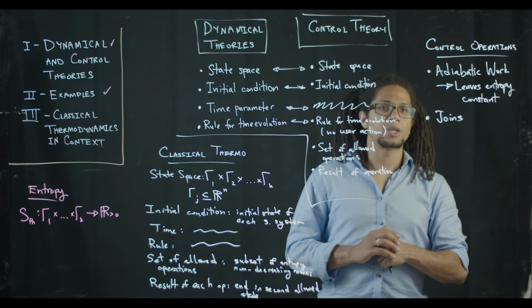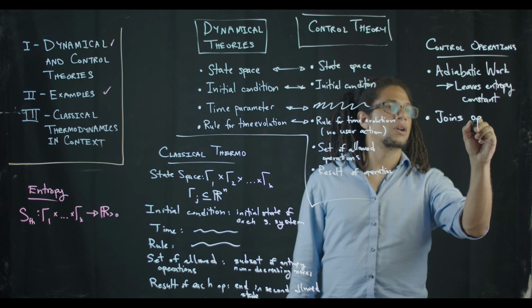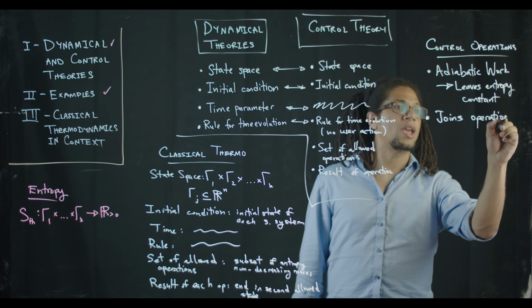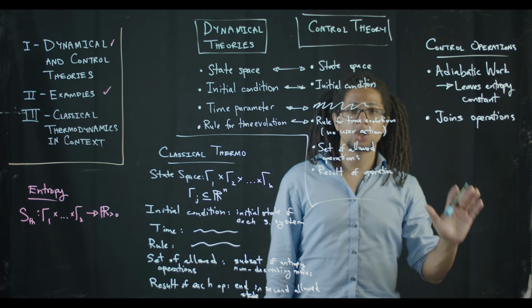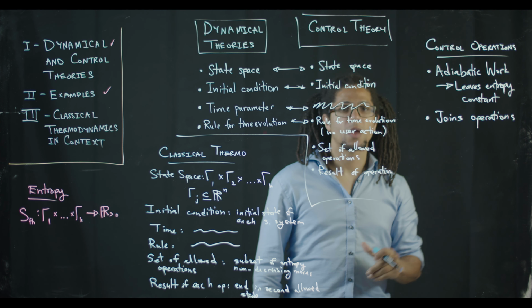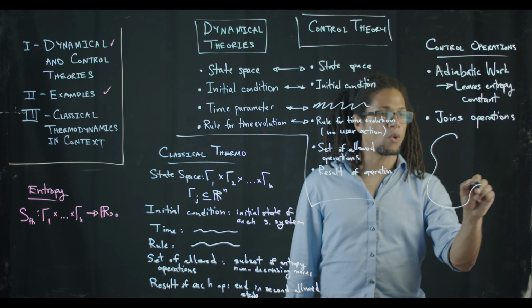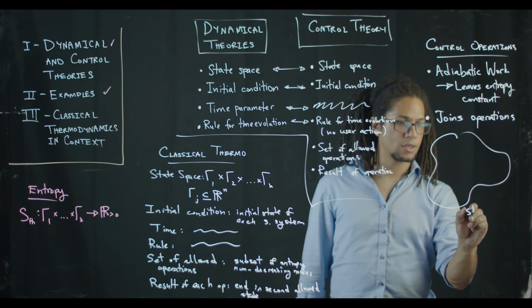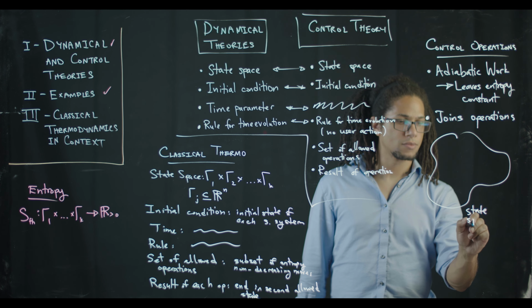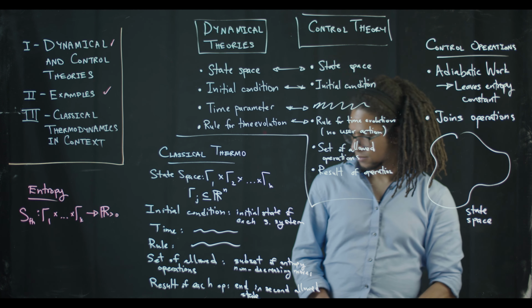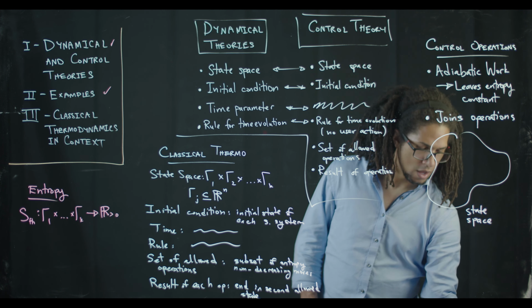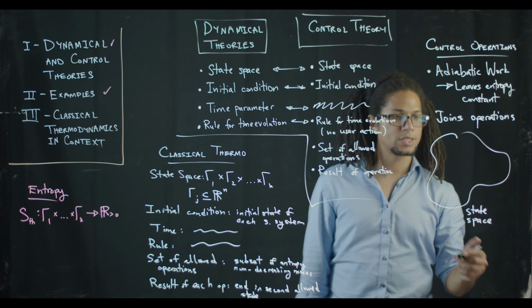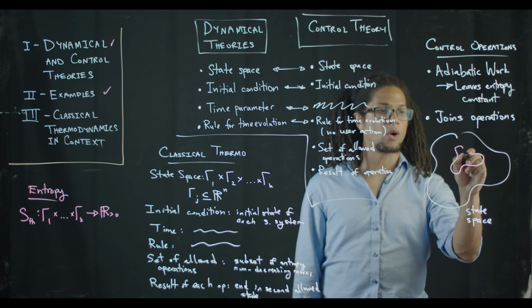So join operations are different from adiabatic work operations in that they usually increase the entropy. What happens is that you have your whole state space, and the join operation causes the system to become restricted to a smaller subspace.